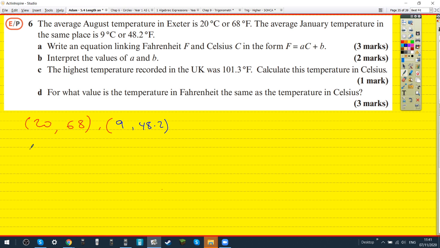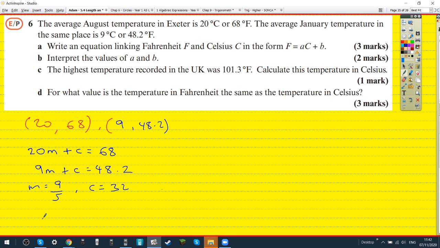Well done. So that would be x or m equals 9 over 5 and c equals 32.